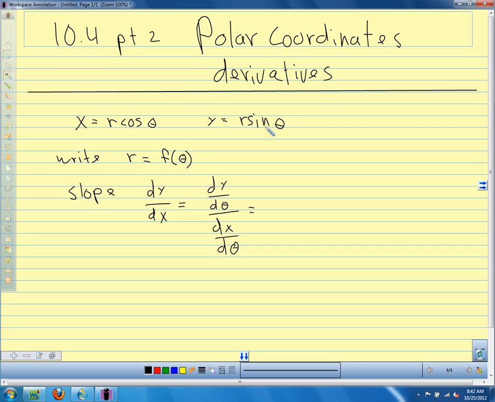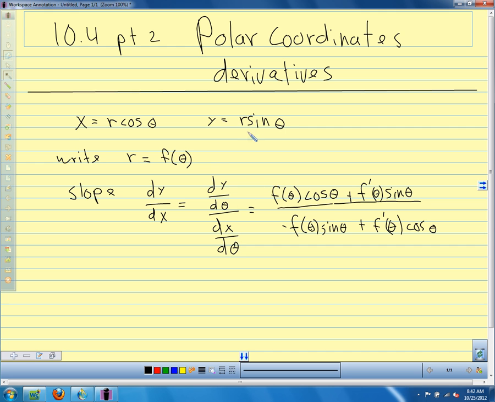So if I write that out explicitly, this turns into f of theta cosine theta plus f prime theta sine theta, divided by minus f of theta sine theta plus f prime of theta cosine theta. So I'm just making all of the functional relationships explicit here.